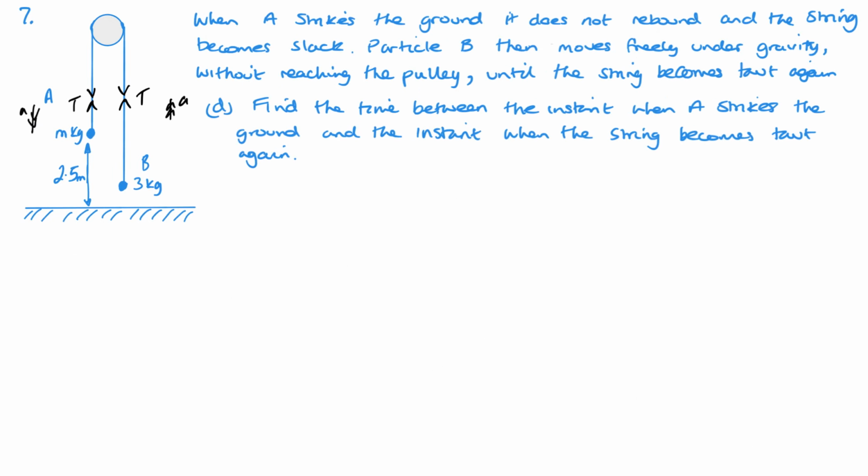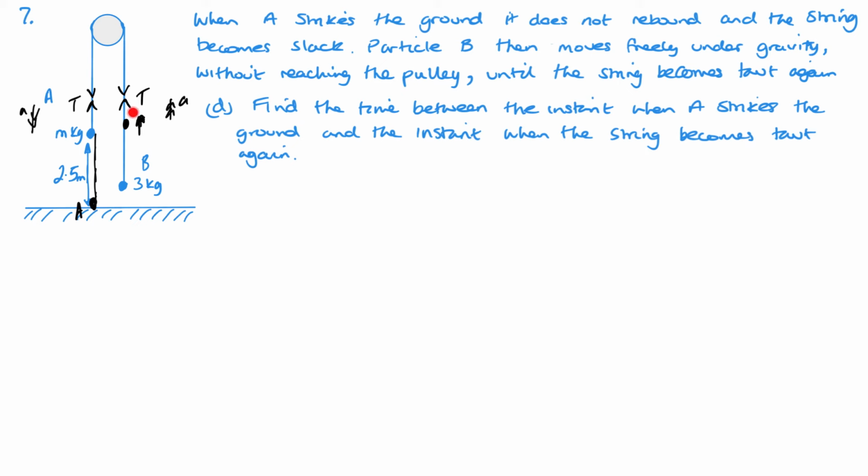So for this one, we've got to imagine now that A has hit the ground, and B now is flying up this way, moving freely under gravity. So A is now all the way down here, and B will be up here somewhere, flying up freely under gravity. Now, from the moment it starts flying freely, that is when the string is going to be loose, as it says.